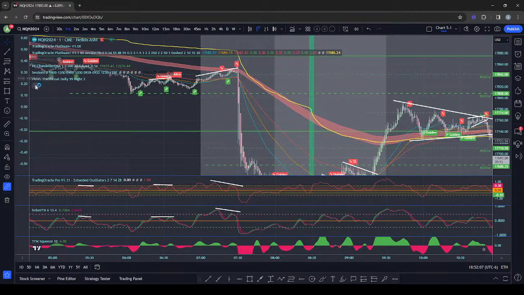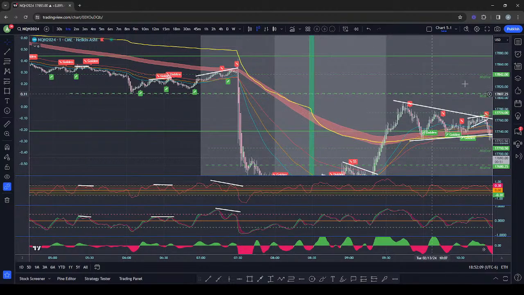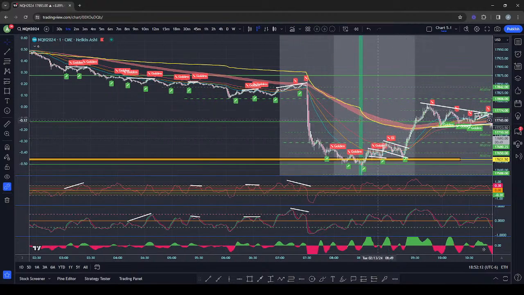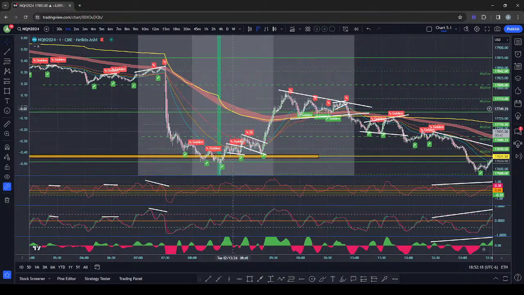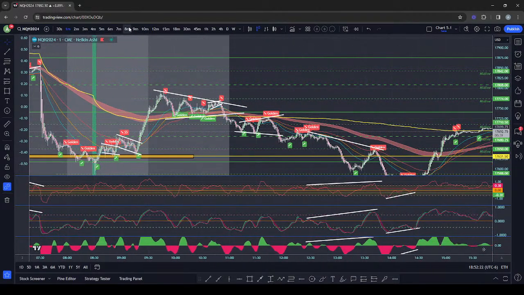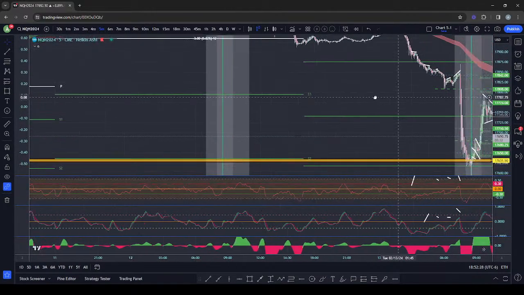On my chart itself, I'm also using pivots, or some of you may know them as floor pivots. These are really cool when it comes to trading. Let me go to a higher time frame here just so you can see.